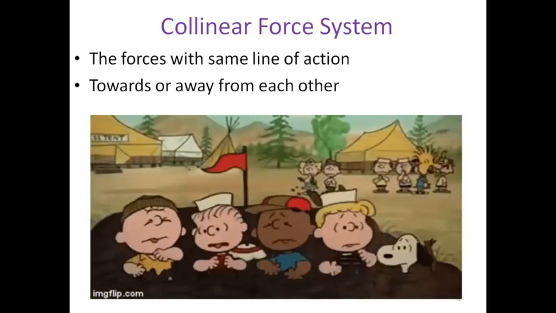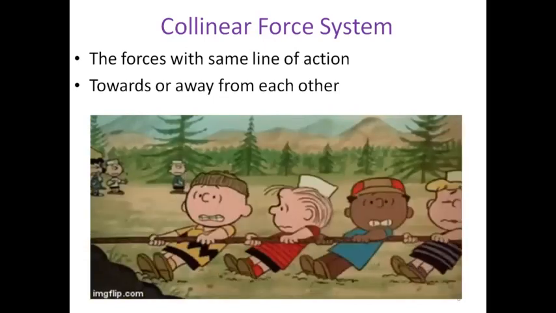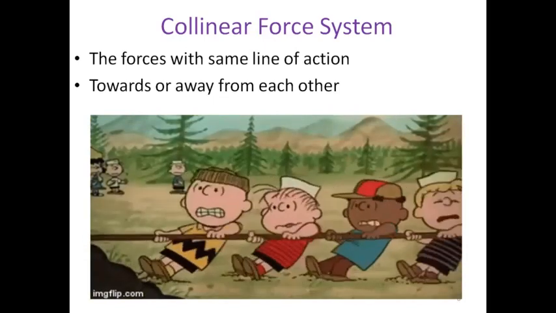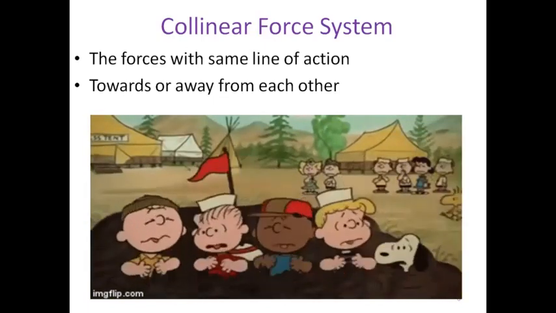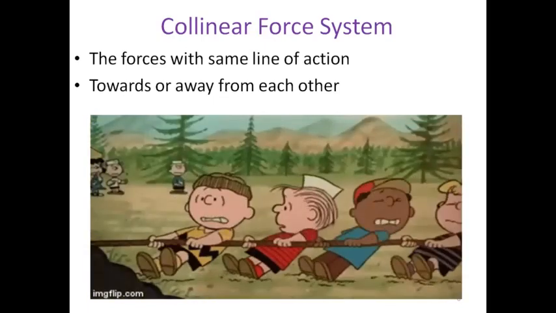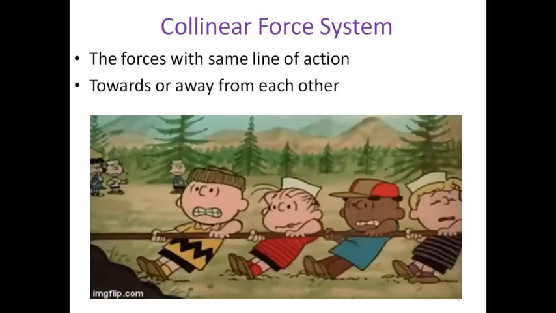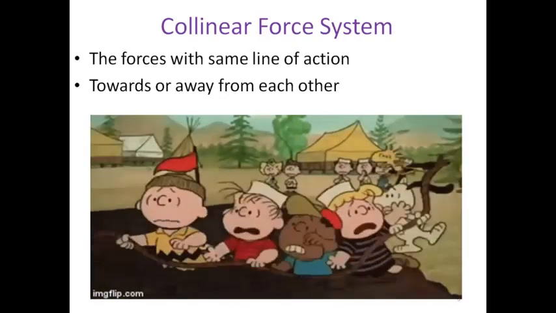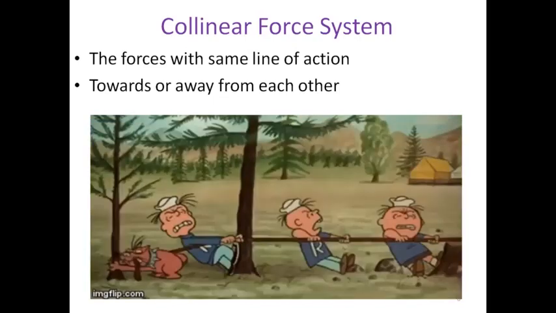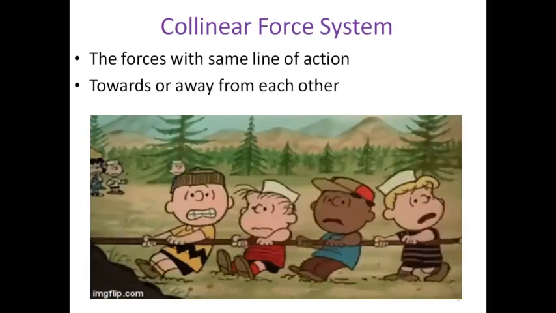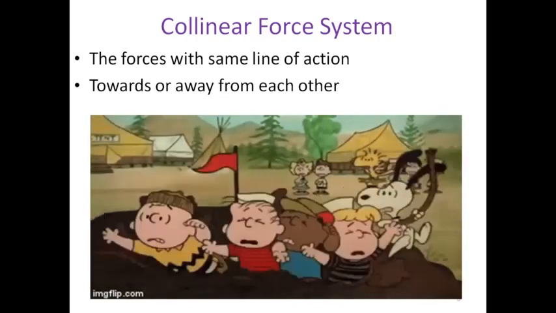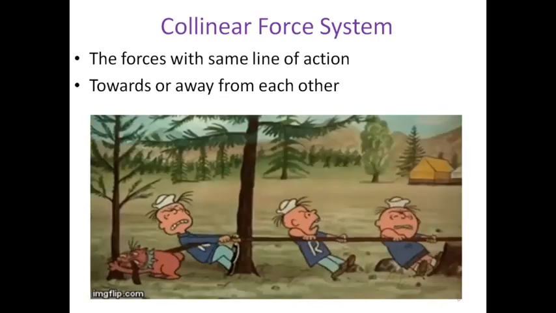The left team is pulling towards the left, the right team is pulling towards the right, but the line of action of force is along the rope. म्हणजे त्यांची डिरेक्शन जरी वेगळी असली पण फोर्स कुठे लागतोय तो ती जी दोरी आहे रोप, त्या रोपच्या लाईन मध्ये तुमचे सगळे फोर्सेस आहे, right? So this kind of system is called a collinear force system, or the forces are called collinear forces.